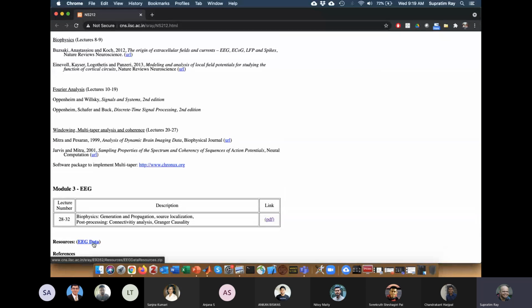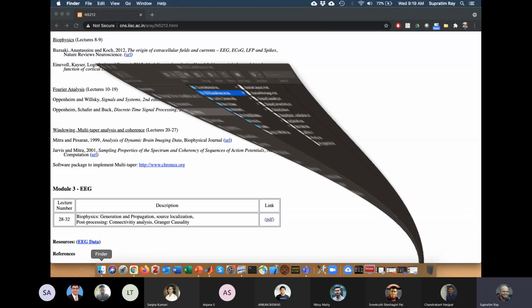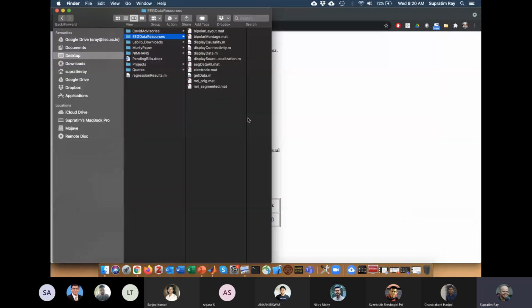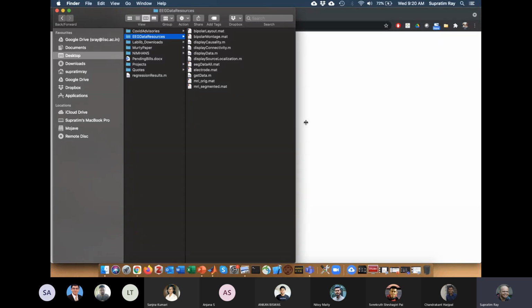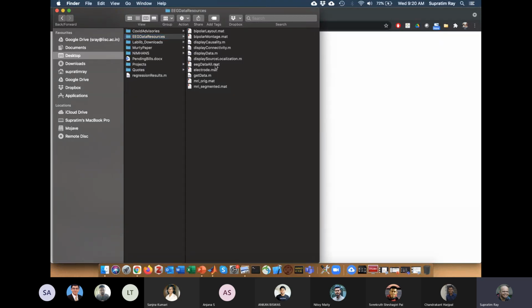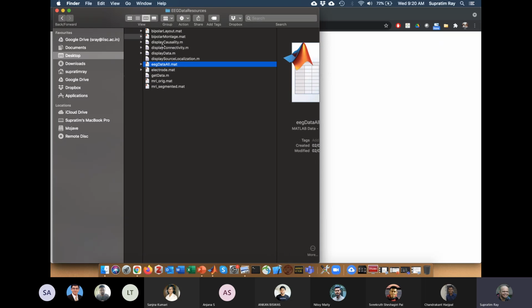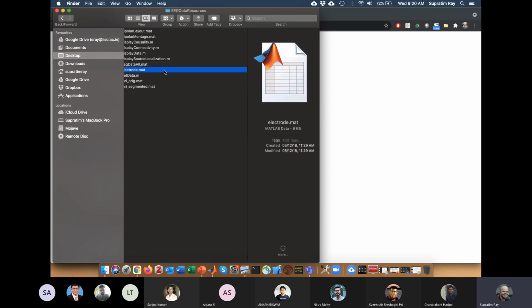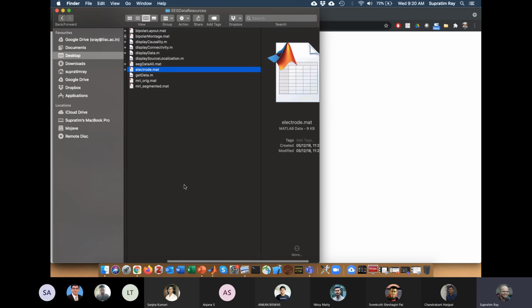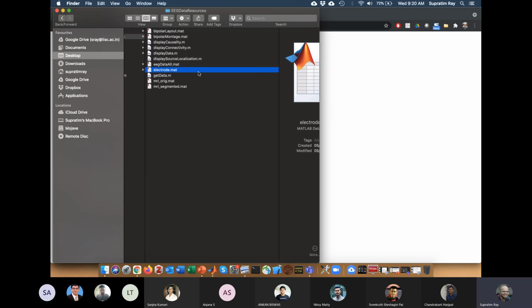If you click on EEG data, you'll get to EEG data resources, and this is that folder. In this folder, you have the data here, EEG data all.mat. You also have electrode.mat, which tells you the position of each electrode. And then we have a few other programs that we'll be looking at together.